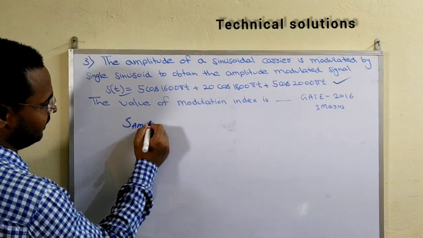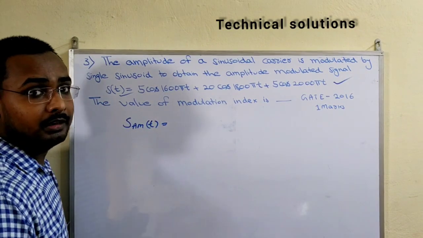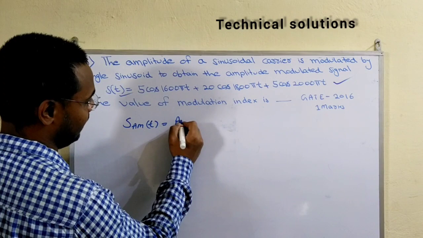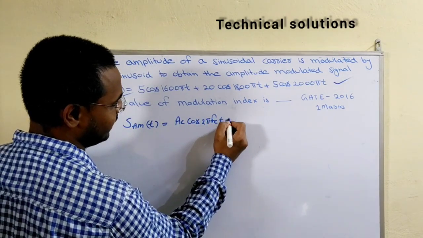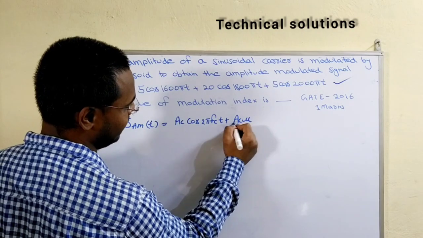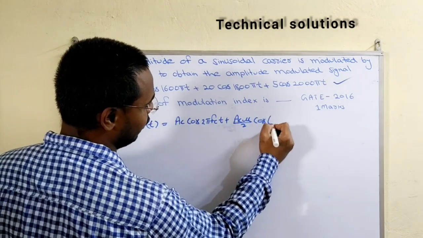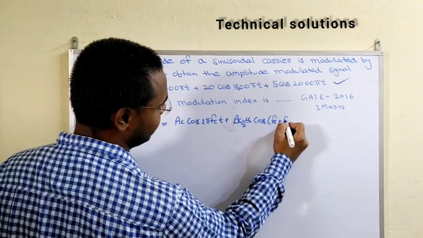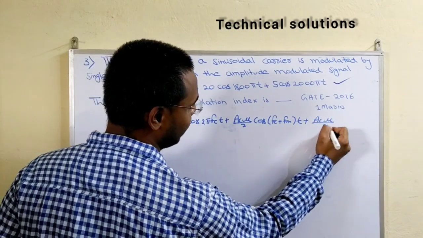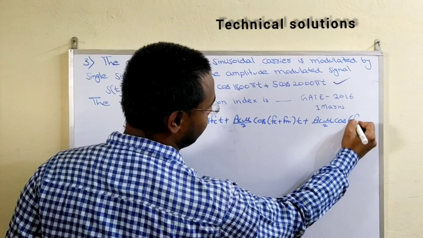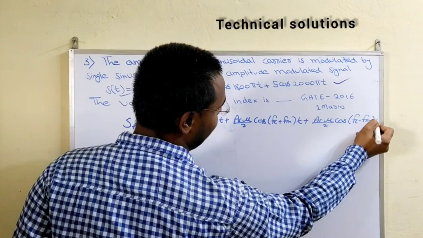What is the equation of single tone AM modulation? s(t) equals Ac cos 2 pi fc t plus Ac mu by 2 cos (fc plus fm)t plus Ac mu by 2 cos (fc minus fm)t.